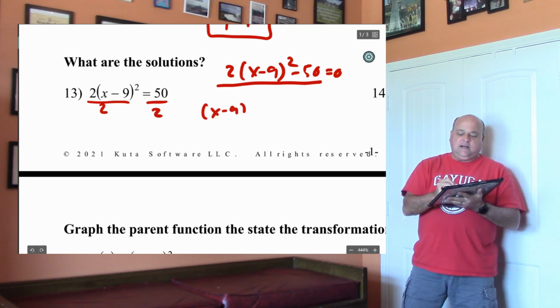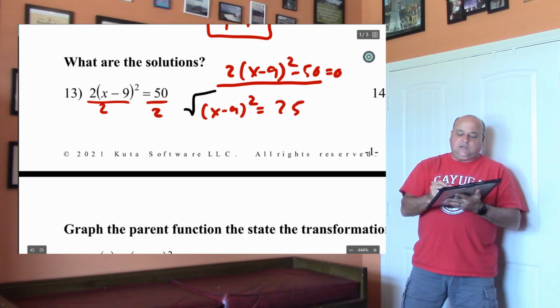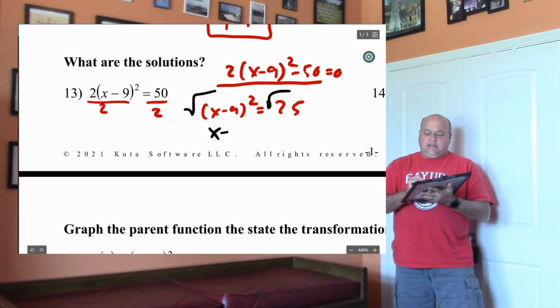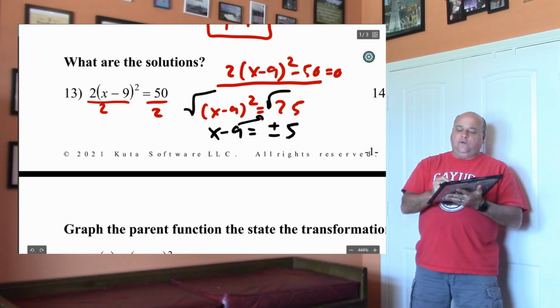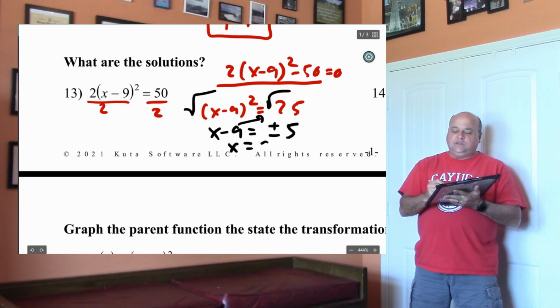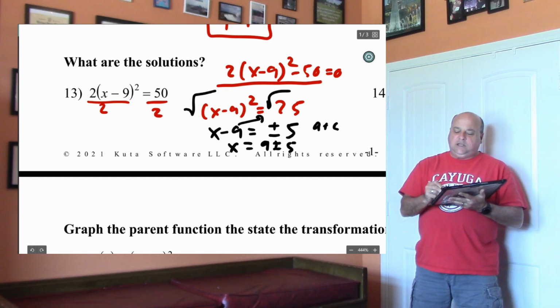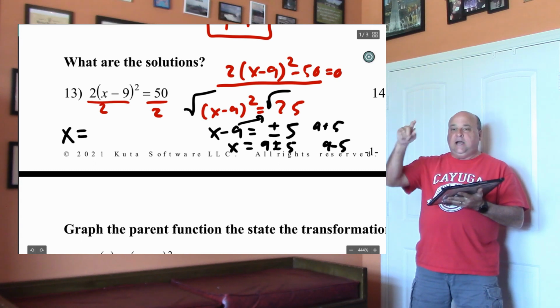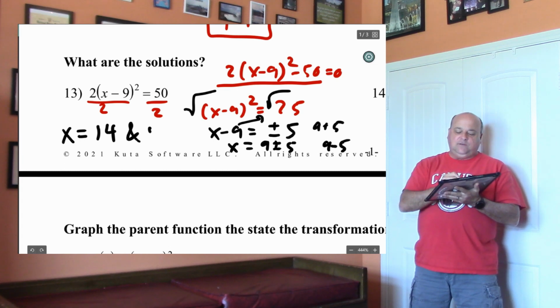I'm going to have x minus 9 squared equals 25, and then I'm going to square root both sides. That gives me x minus 9 equals positive or negative 5. I'm going to move over the 9, so x equals a positive 9 plus or minus 5. So I'm going to have 9 plus 5, and I'm going to have 9 minus 5. So x equals 9 plus 5 is 14, and 9 minus 5 is 4.